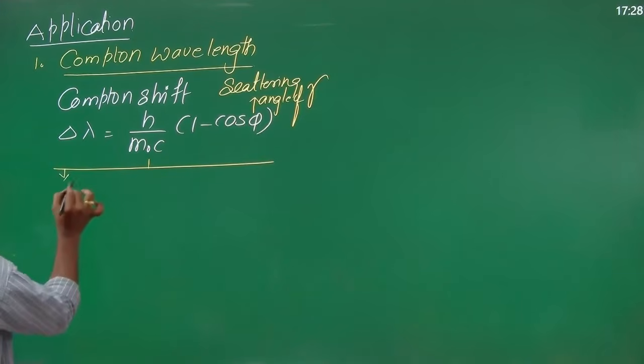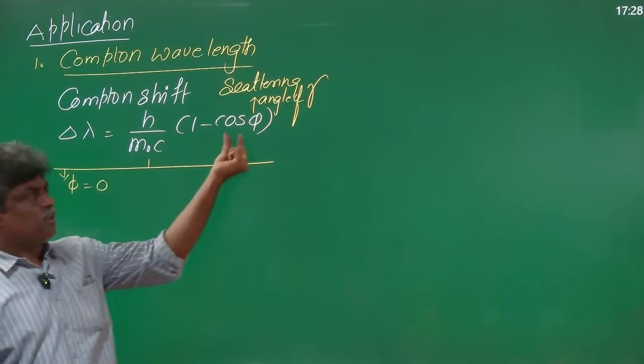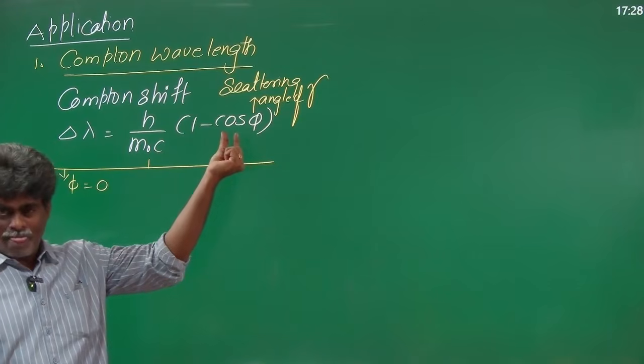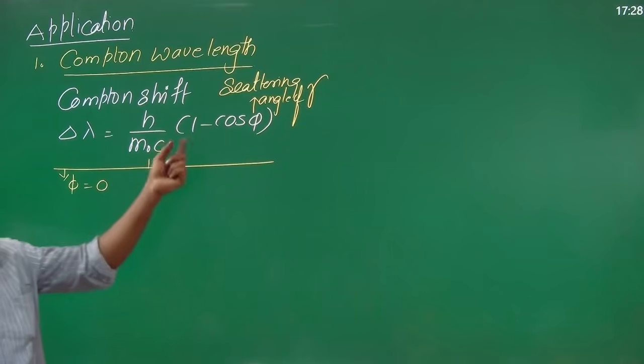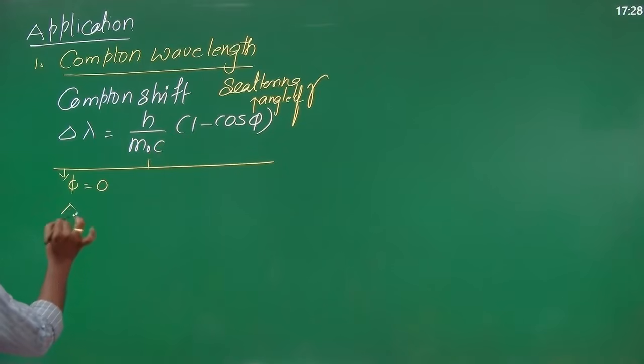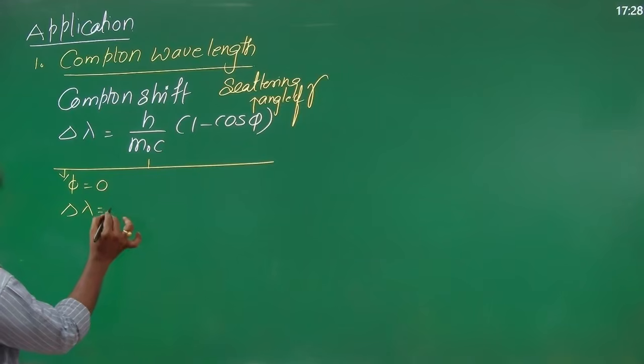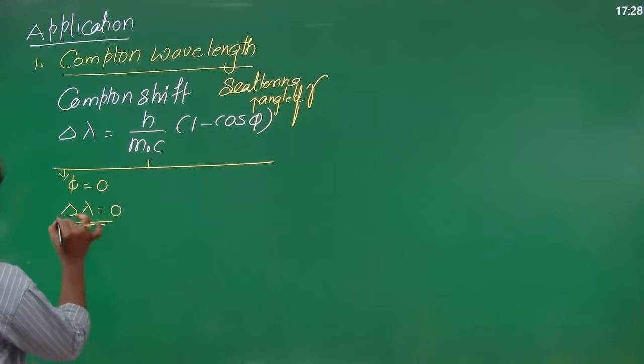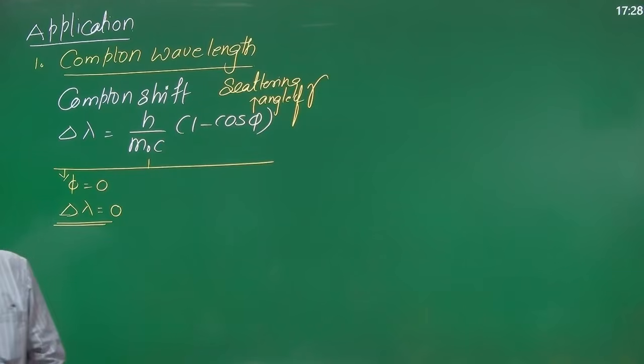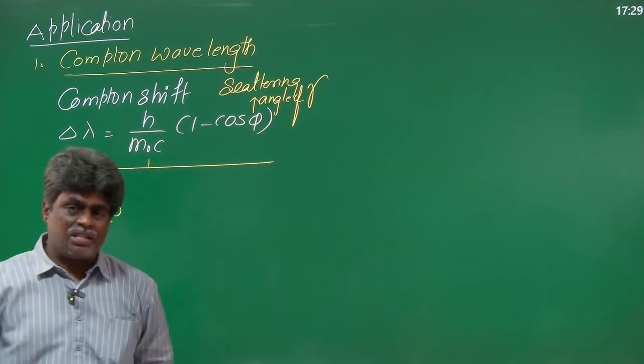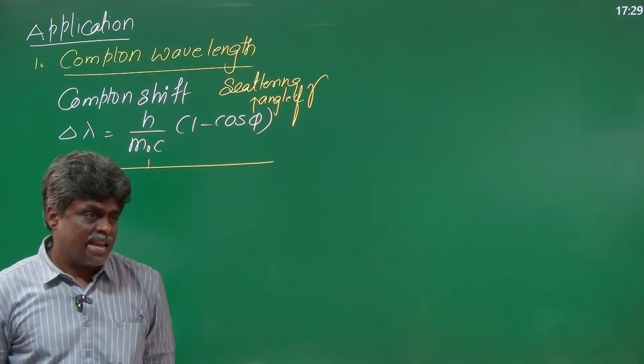If I take phi equal to 0 and substitute cos 0, that is 1 minus 1, then delta lambda equals 0. If the scattering angle is 0, is there any change in the wavelength? That means the initial and final wavelengths are the same, and the initial and final energies are the same. Then is the electron gaining any kinetic energy?